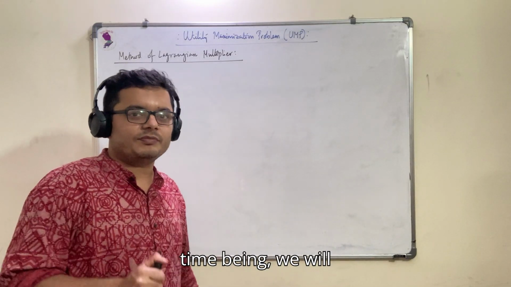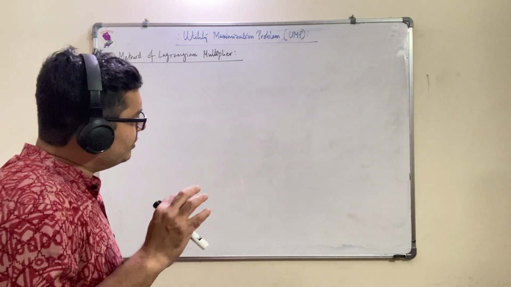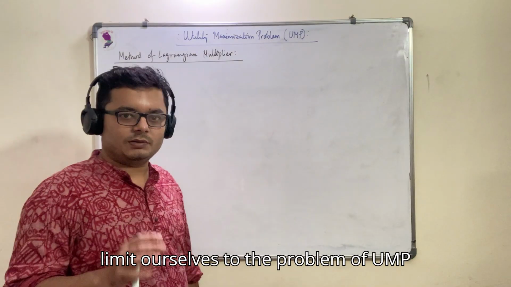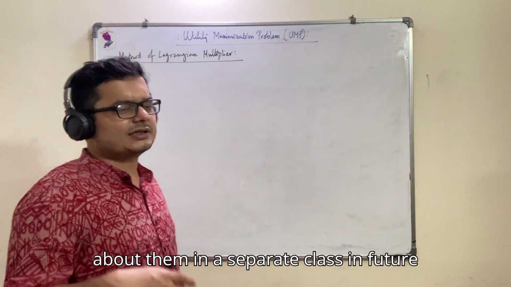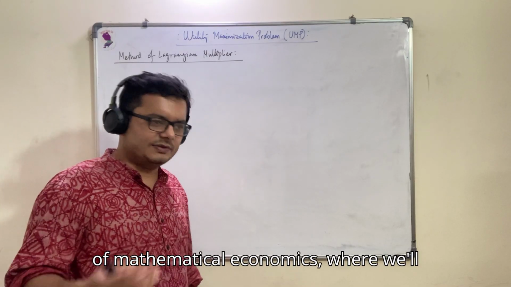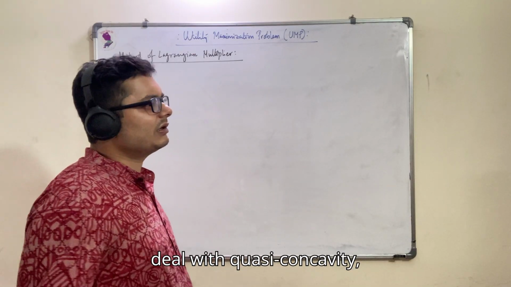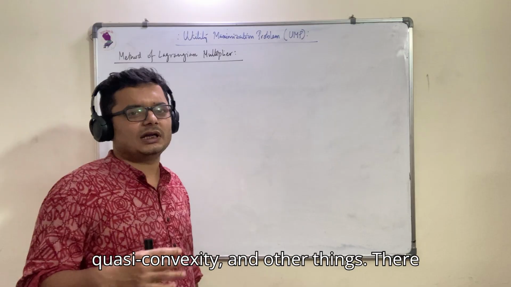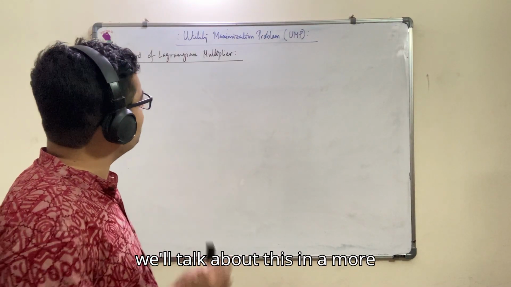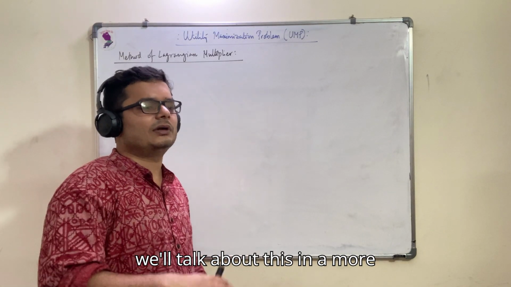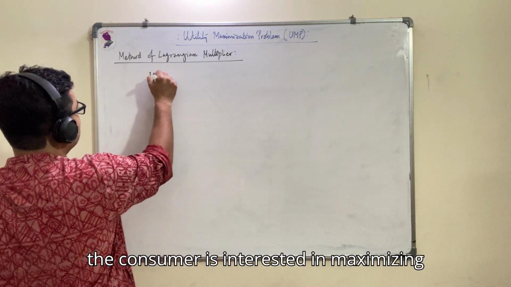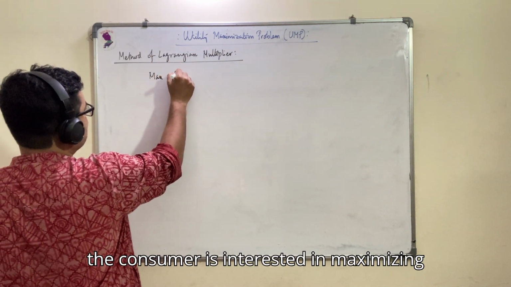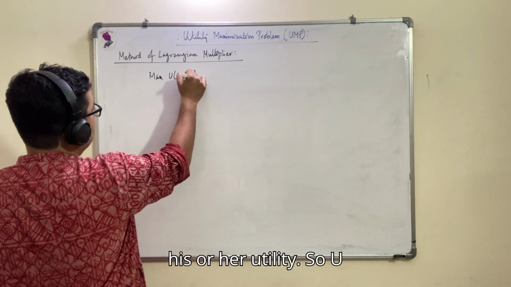But for the time being, we will limit ourselves to the problem of UMP only, and the variations we will talk about in a separate class in future of mathematical economics, where we will deal with quasi-concavity, quasi-convexity and other things. There we will talk about this in a larger context. For the time being, the consumer is interested in maximizing his or her utility.